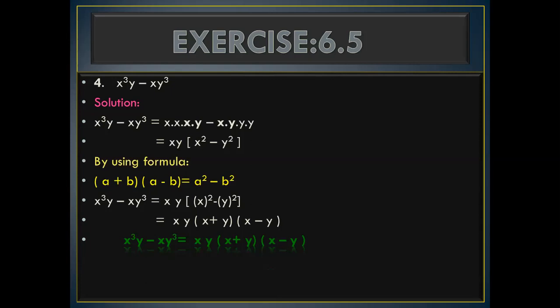The remaining term is x square minus y square. x square is the square of x and y square is the square of y. So A is x and B is y. xy into a plus b into a minus b, a plus b is x plus y, a minus b is x minus y. So when we split x cube y minus xy cube, we get three factors: xy, x plus y, and x minus y.